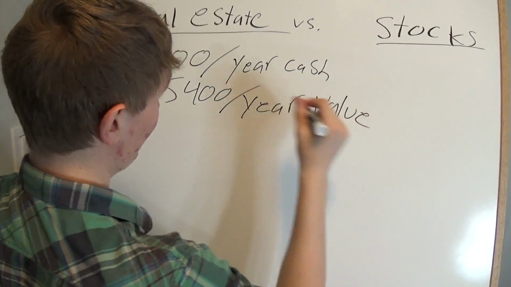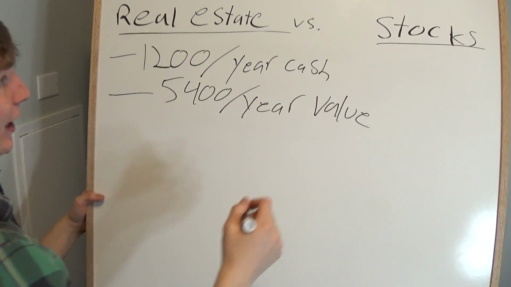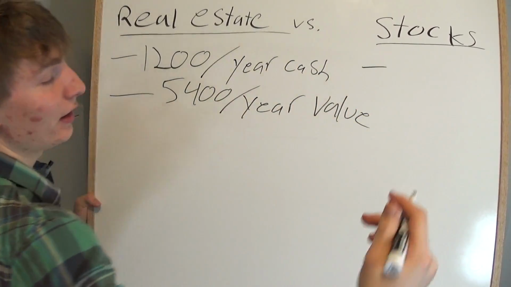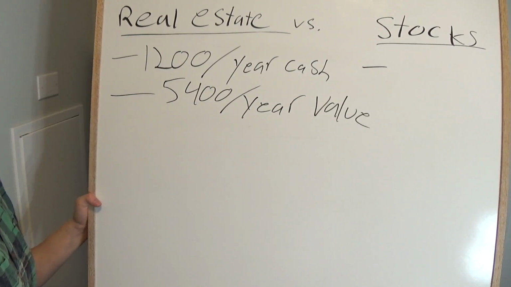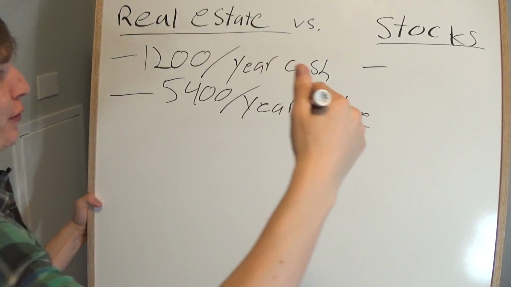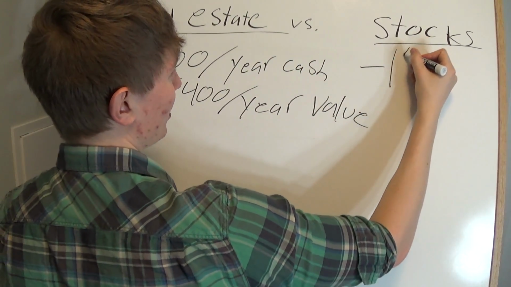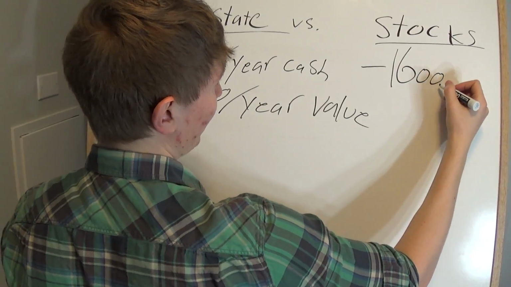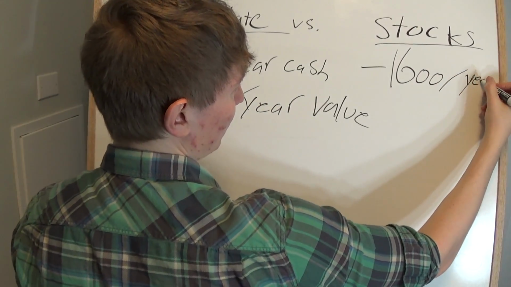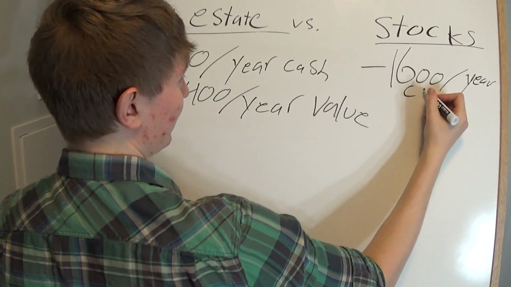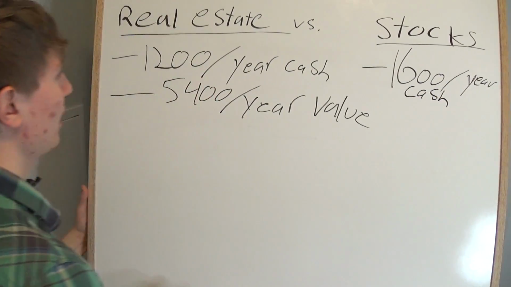We'll call it value or equity. Now in stocks, theoretically, if you were to sell your stock at its highest price, you would be getting $1,600 cash if you include the dividends. So $1,600 per year in cash.